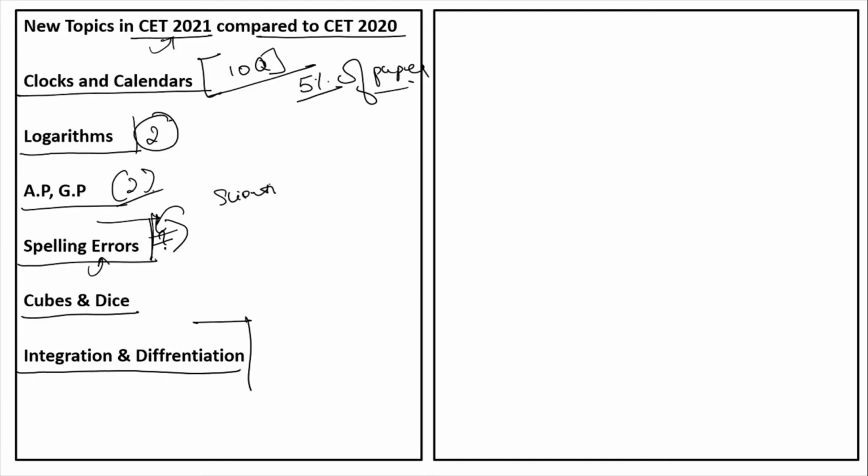Even if you master this type of question, it would be very difficult for any normal person to correctly find the spelling of those words. So you may ignore this type of question. I just want to inform you. There were also cubes and dices questions and integration and differentiation questions.